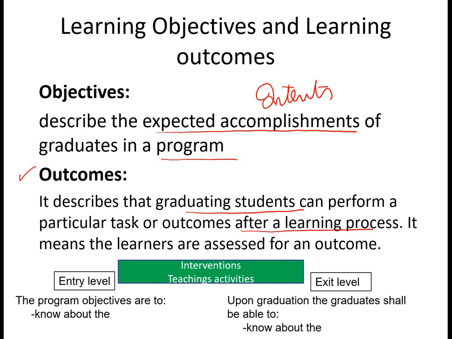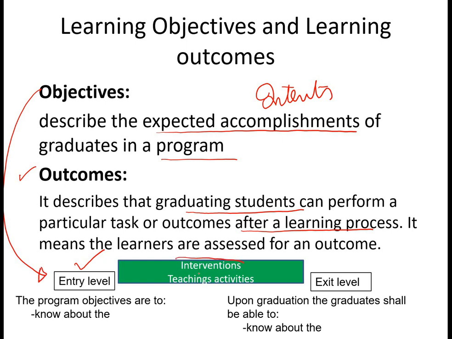If you are going to join a particular college, like if you are a student of a medicine, dentistry or pharmacy program, then at your entry level your objectives are to learn about and understand the basic knowledge in, for example, the medicine program. These are your learning intents, and in the case of objectives you are at the beginning.